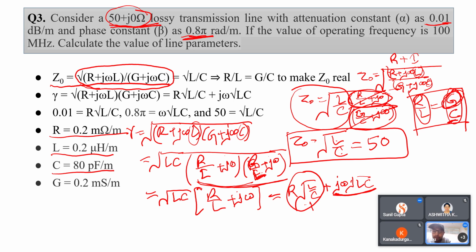Here I think I have written it wrong, so you can correct it by yourself. You can use this relationship for finding the value of G.